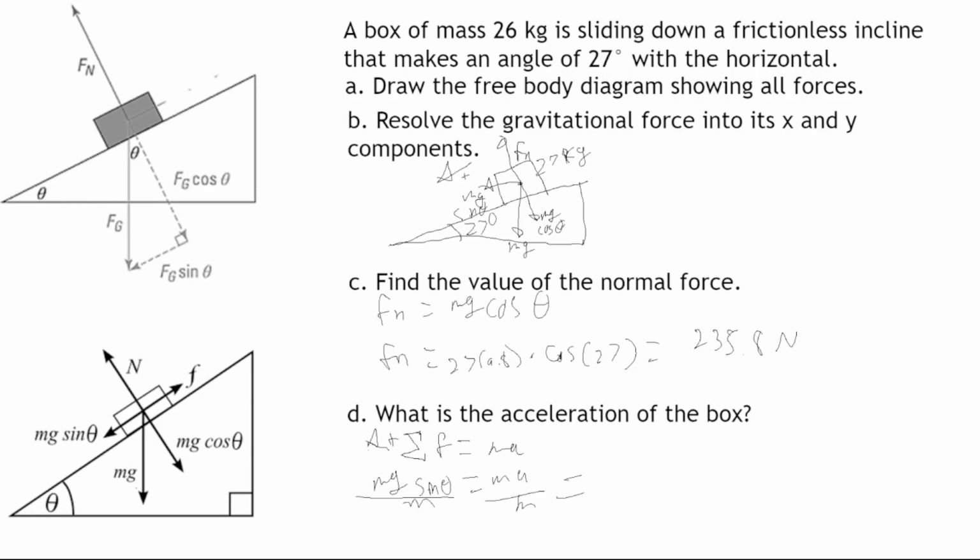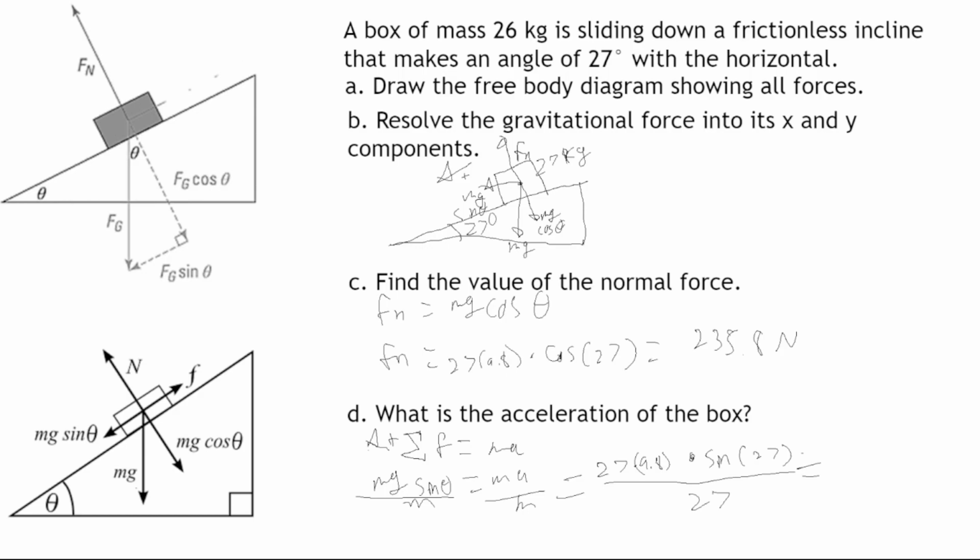Now we can start plugging in our values. mg is 27 times 9.8, all multiplied by sine of 27 instead of cosine, and all of that is going to be over 27.